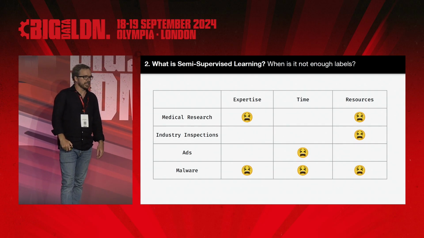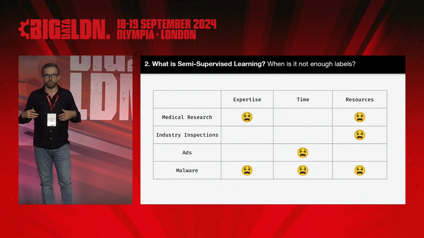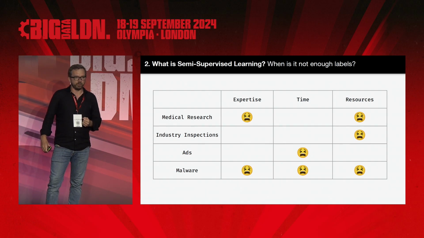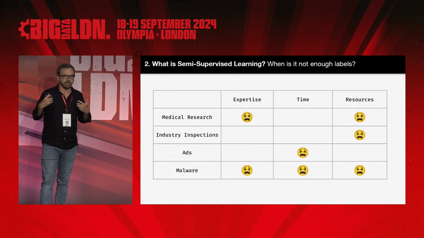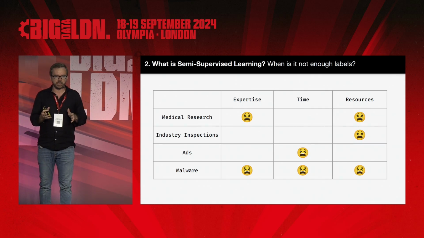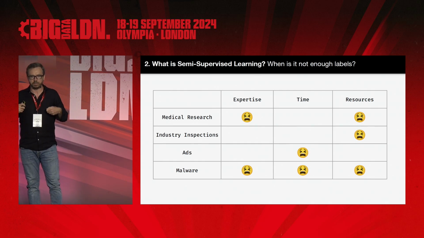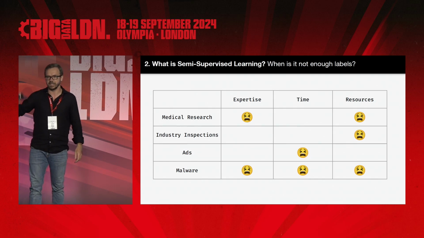Now let's talk a bit about what is semi-supervised learning, what is the main idea. When we approach some supervised learning, we have some labeled data and we have some problem. So we apply algorithm, we learn from labeled data, get some classifier, produce result.